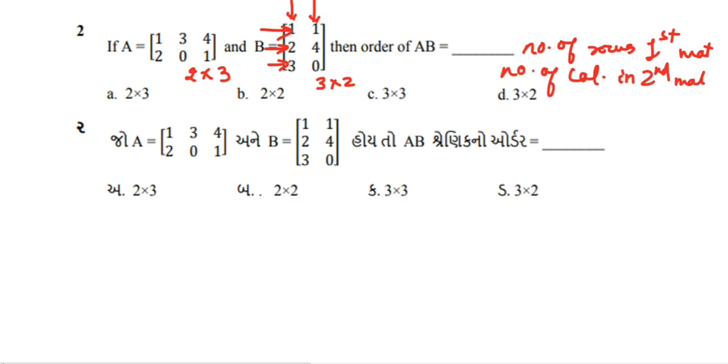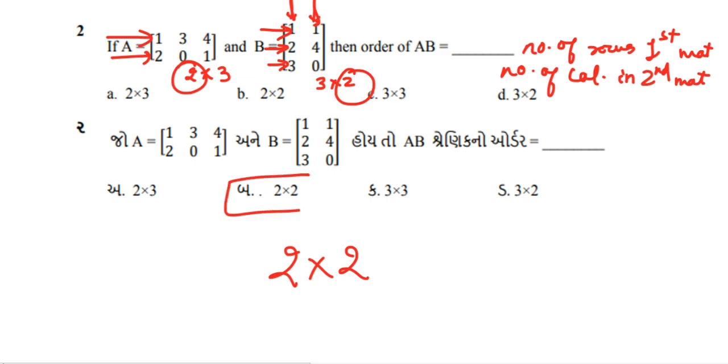There are 2 rows in the first matrix and the number of columns in the second matrix is also 2. So the order of the product will be 2 by 2, which means option B is correct.